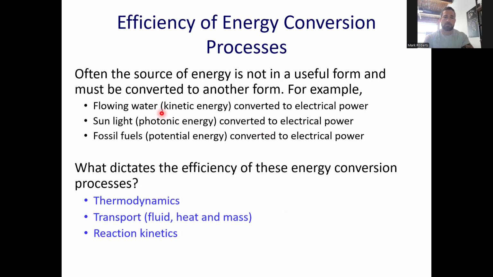A couple of examples: we can convert flowing water into electrical power. We can convert sunlight, through photonic energy, into electrical power. And fossil fuels, which have potential or chemical energy, we can convert through a thermoelectric generation process.